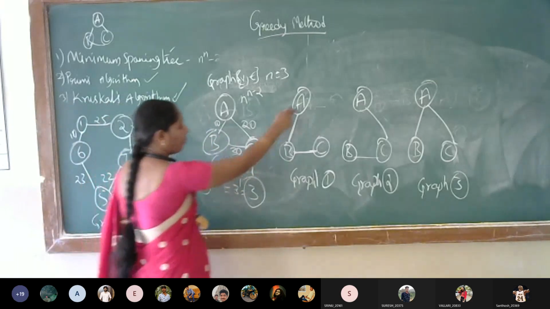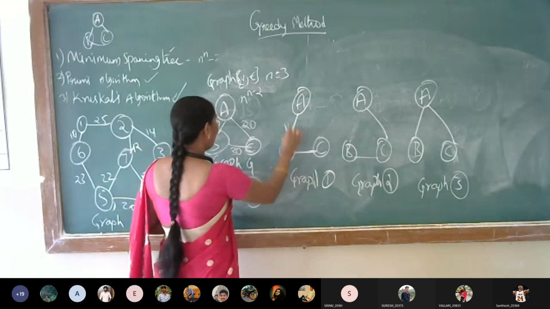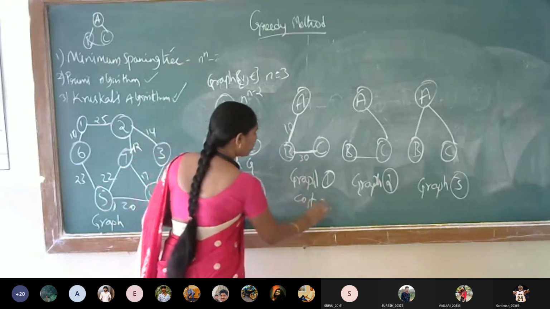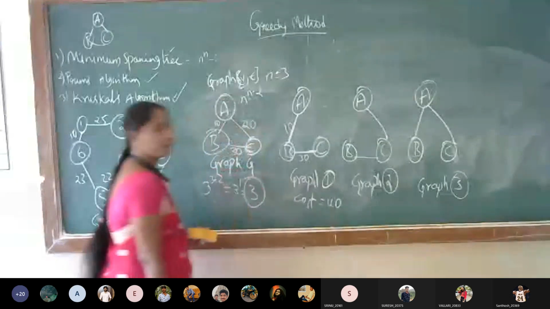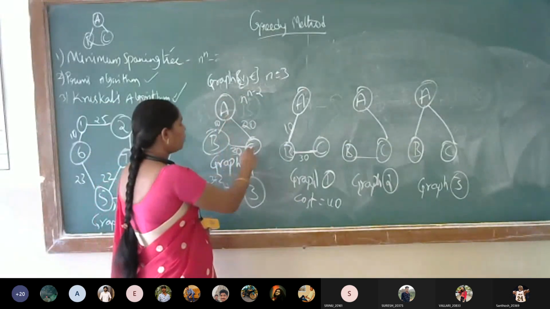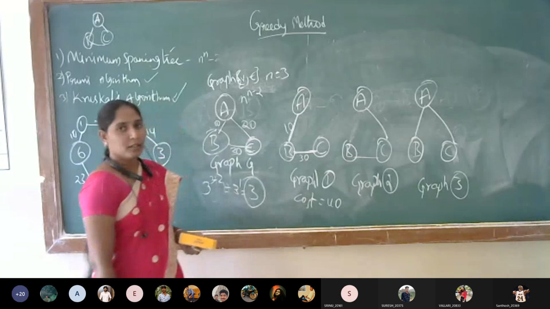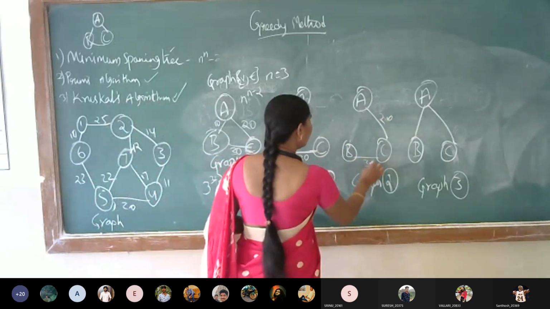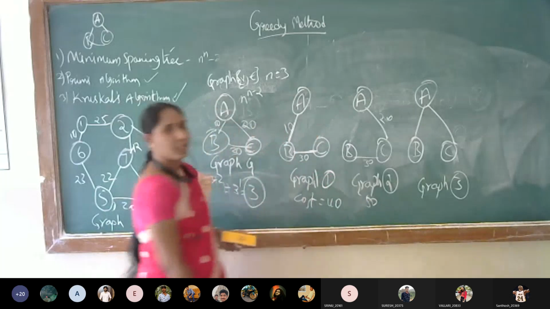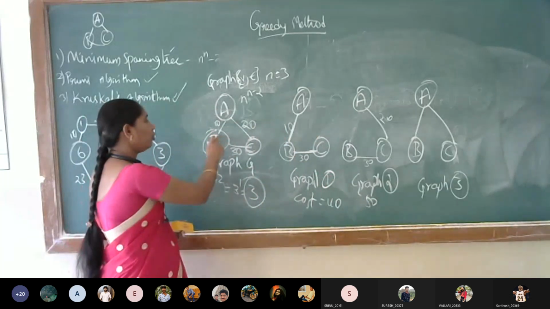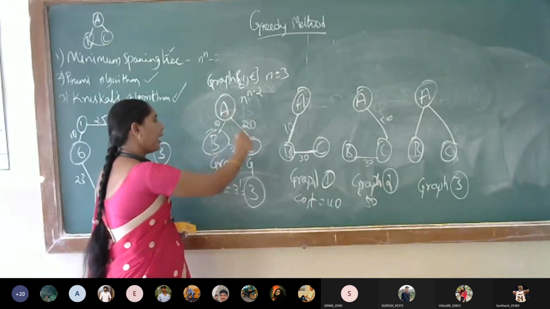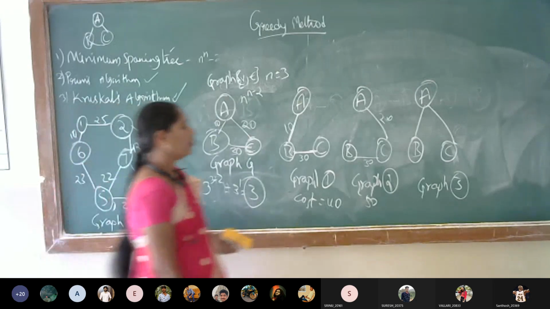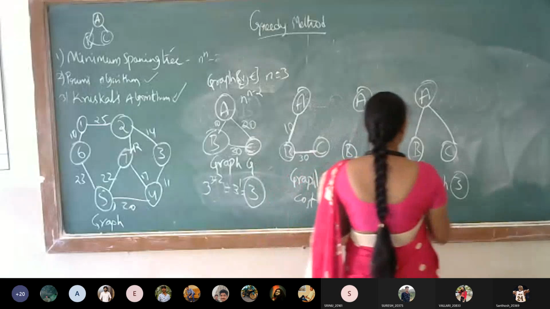If I am traveling from A to B and B to C, then I will be getting 10 plus 30. That means the cost will be 40. And if I am traveling from A to C and C to B, then what will I get? 20 plus 30, I will be getting 50. And if I am traveling from A to B and B to C, then I will be getting 30, right? So here, in which way you need to travel should be specified.